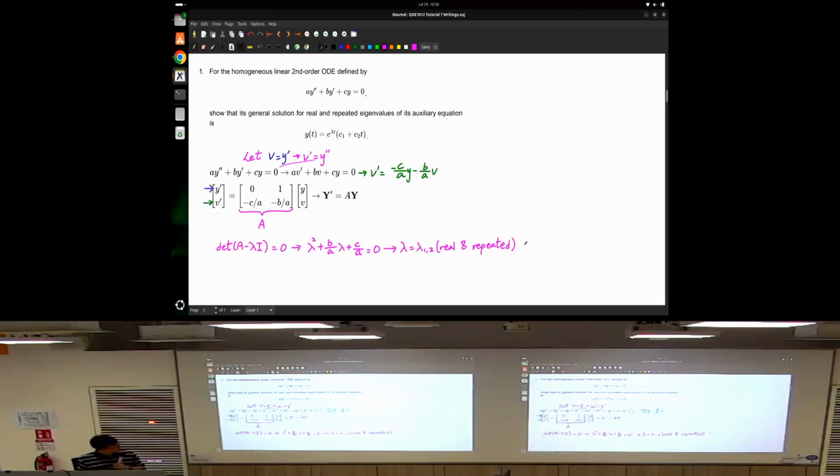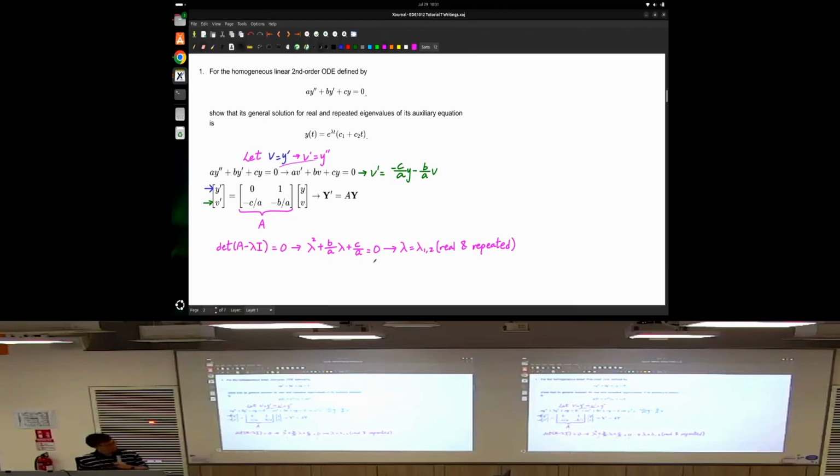That means the a, b and c coefficient values turn out such that this is a perfect square, something like lambda minus lambda 1 squared equals 0. So you have repeated eigenvalue lambda 1, for example. It depends on the a, b and c values what kind of roots you get.